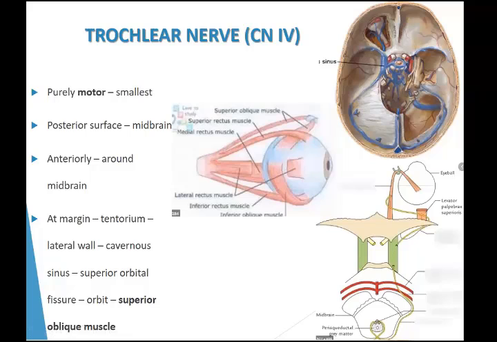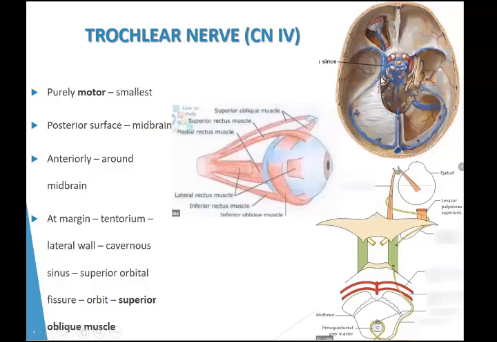Okay. It runs along the margin of the inner border of the tentorium. Look at this: this is the tentorium, forming the tentorial notch. So this nerve runs along the inner border of the tentorium. This is the fourth nerve. Okay?